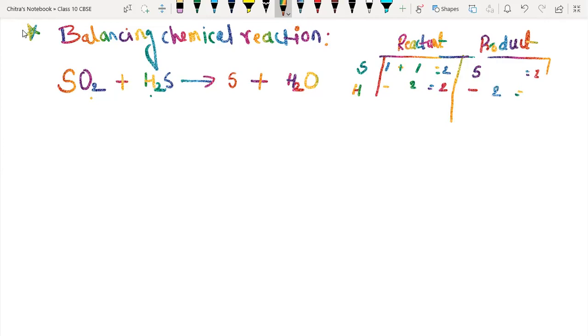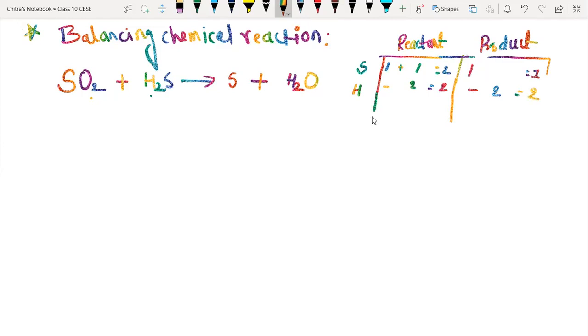So we write 2 here. For sulfur we write 1, only one, because we have one sulfur here. Hydrogen we have a total of 2.